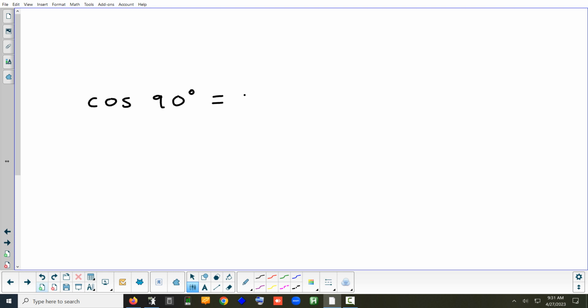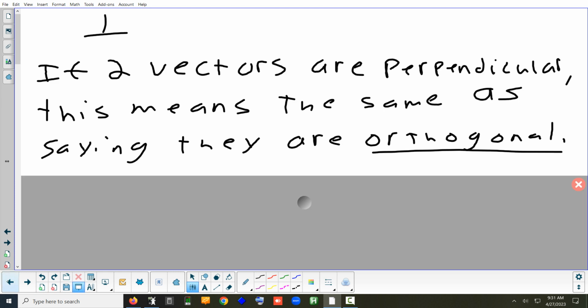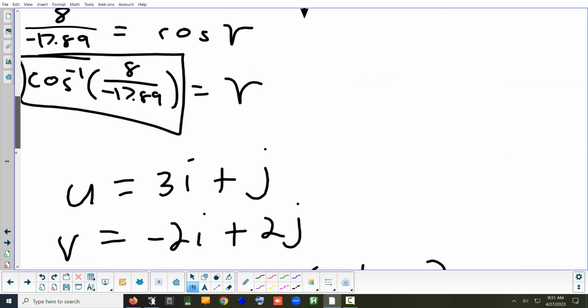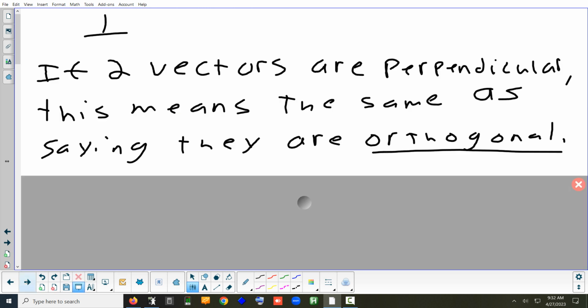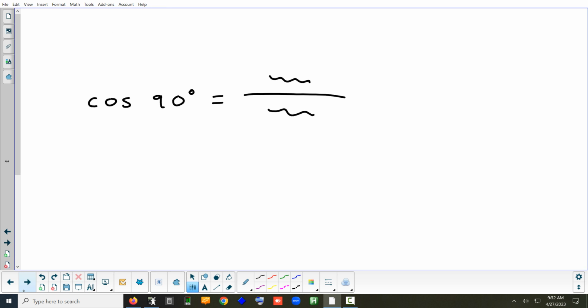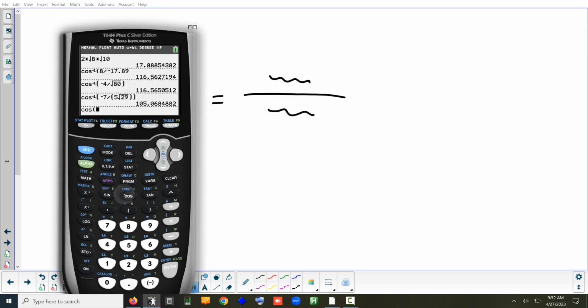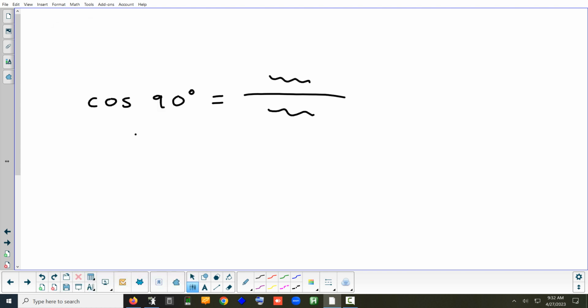And on the other side, you would have a fraction, some number in the top and some number in the bottom. I don't know what those numbers are, but I do know the angle would be 90. Well, let's take the cosine of 90 and see what happens on the left. Cosine of 90 is 0. So if two vectors are perpendicular, it means in your formula, the left-hand side is going to come out to 0.